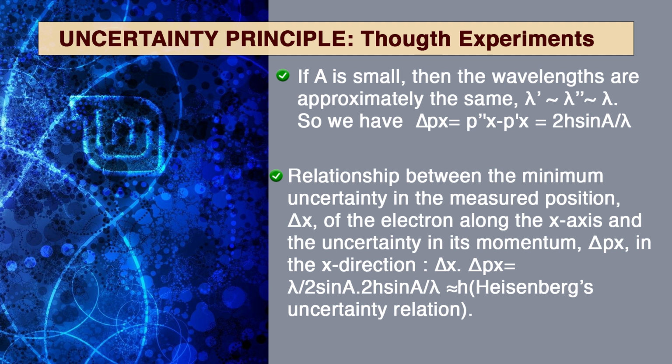The uncertainty in the momentum was calculated mathematically, and by multiplying delta x and delta p, one gets a value equivalent to h upon 2. So, this is one thought experiment, in support of de Broglie's relation.